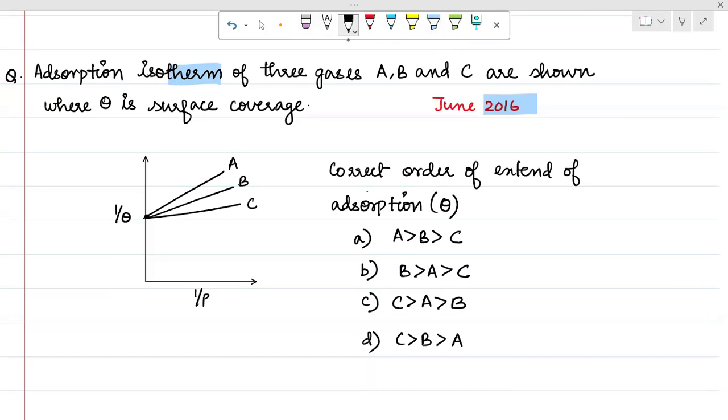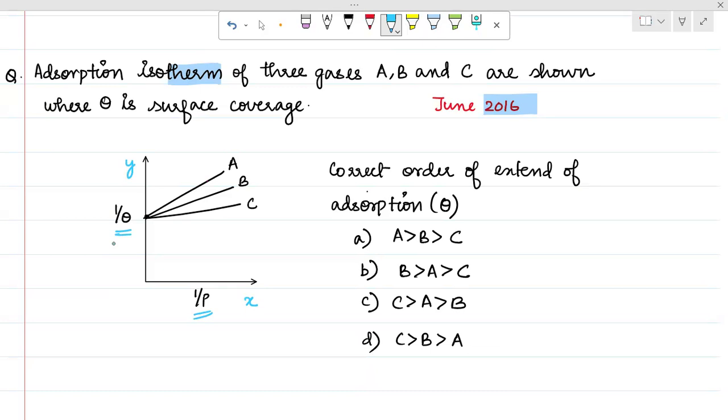Very easy. Okay. So for this, let's say I draw a straight line corresponding to a particular pressure. Any pressure I fix. So now be careful. Look what is there along the y and what is there along the x-axis. Be careful. We can see that along y-axis we have 1 by theta and along x we have 1 by p.